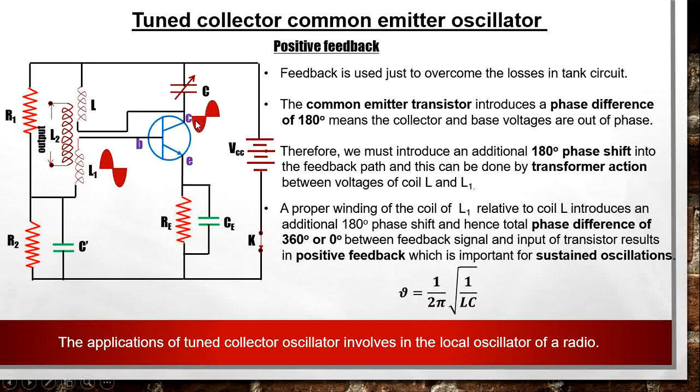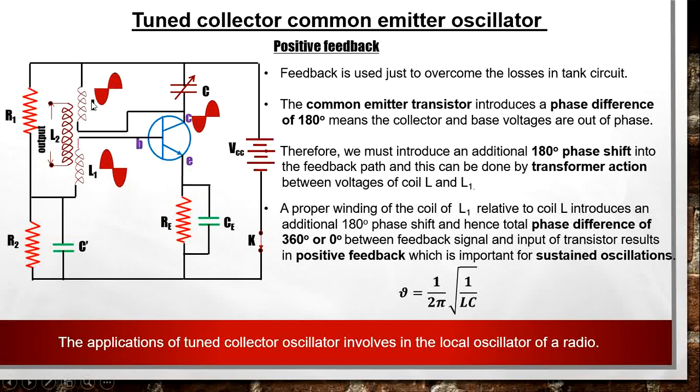So we will get this signal at the collector, and we can see the signal has a 180 degree phase difference with that of the base signal. This signal is supplied to the tank circuit. So the induced EMF or the signal induced across L will be in this way. There will be no phase change. It will be directly induced in the inductor coil L.